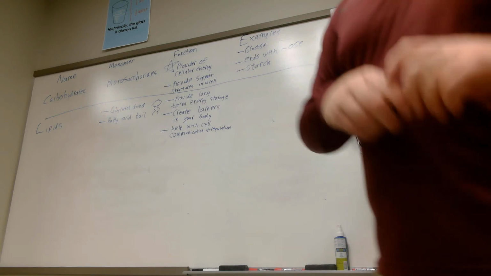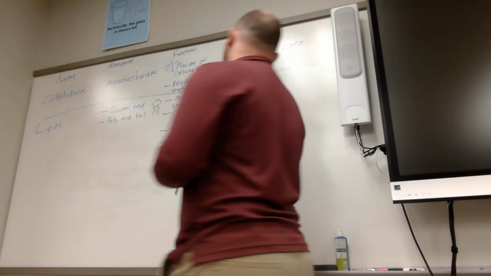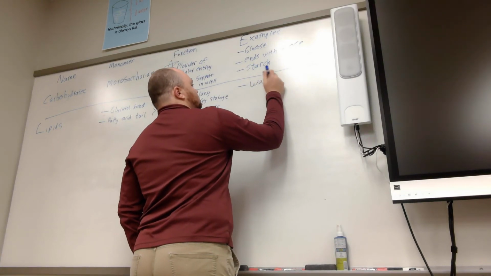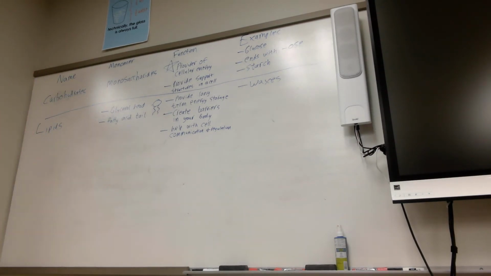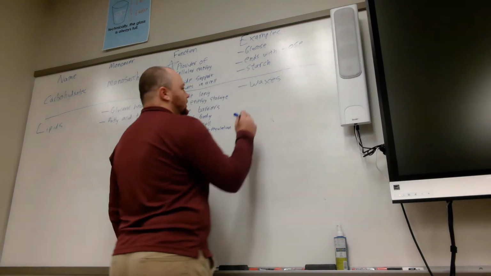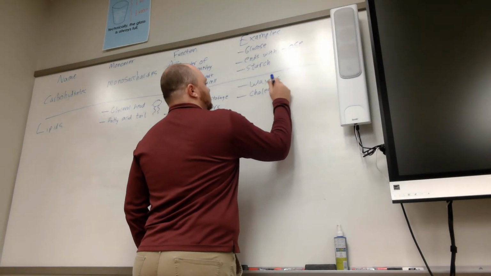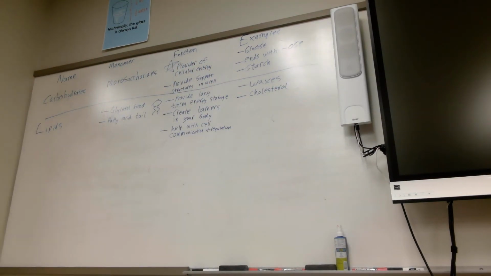Okay, so with lipids, some of these are going to be ones that you probably have heard of. Waxes. And I'm not talking about candle wax, although that is as well, but stuff that you grow in your ears. Okay? Made of lipids, primarily. You can also talk about cholesterol. Okay, that's another example of a lipid.